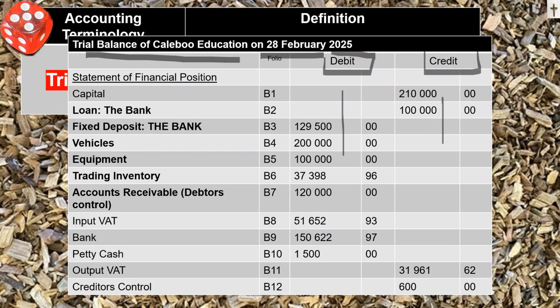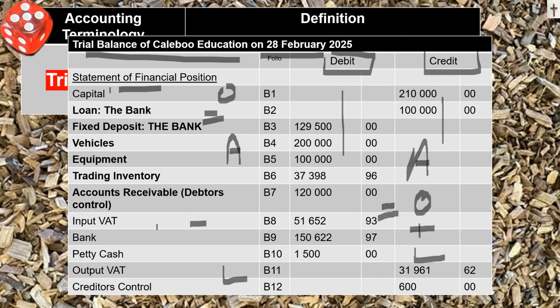So here we've got the capital account, statement of financial position, owner's equity, assets, and liabilities. The owner's equity is equal to the value of the assets minus the value of the liabilities. And if we swap that around to get the accounting equation, A is equal to O plus L.